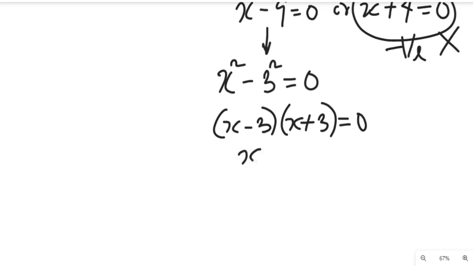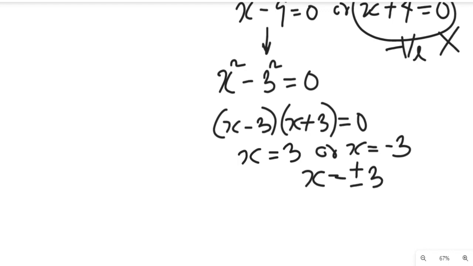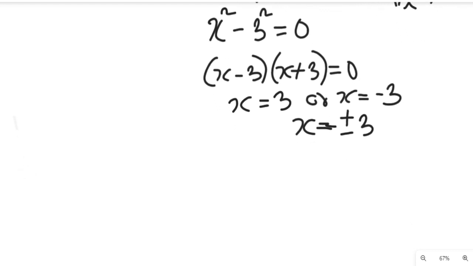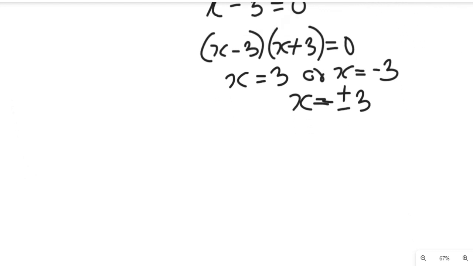So from here we can see that our x is equal to 3, or our x will be equal to -3. That means x is equal to plus or minus 3. Now having gotten the value for x, we'll be thinking of getting an equivalent value for y. Remember we said y is equal to 6 divided by x from the third equation we drafted from equation 2.